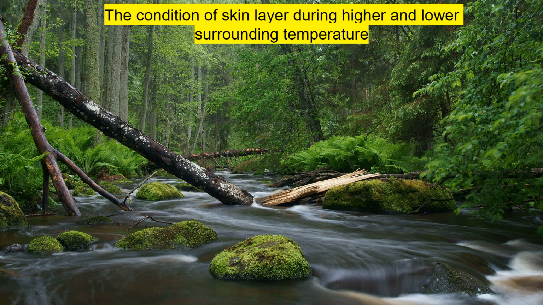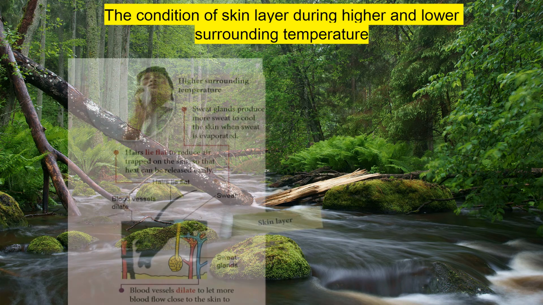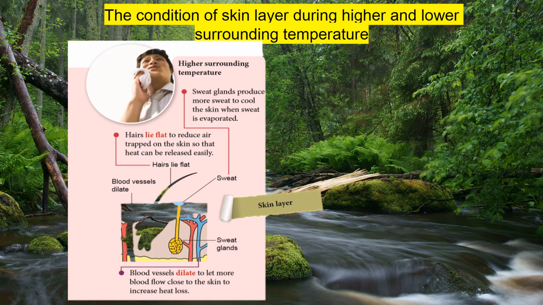Okay, so this is the condition of the skin layer during higher and lower temperature. So this is higher temperature. The sweat gland produces more sweat to cool the skin when sweat is evaporated. Hairs lie flat to reduce air trapped on the skin so that heat can be released easily.